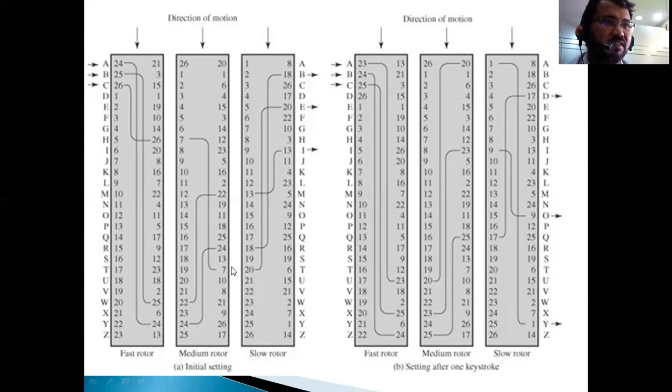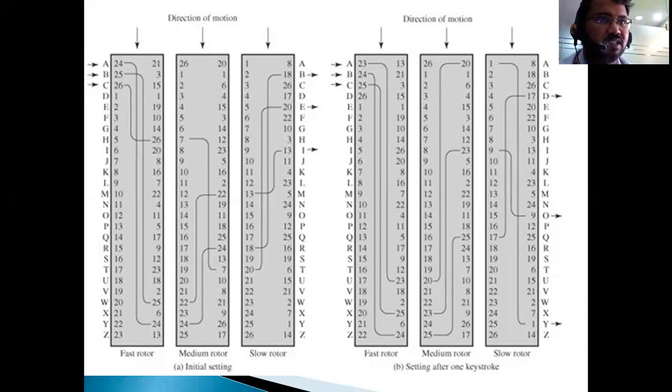These values are substituted, and the output you get is B, E and I. So A, B, C is converted into B, E, I: A is converted into B, B is converted into E, and C is converted into I.